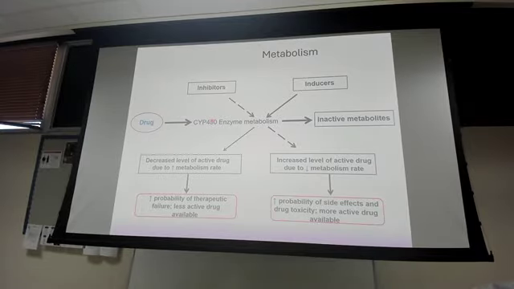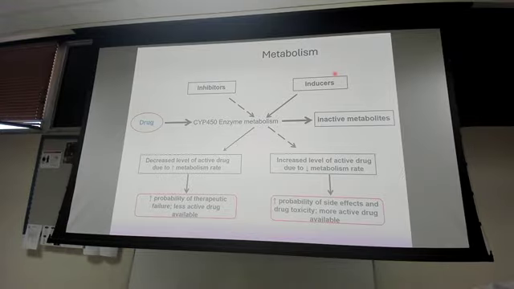I have a sip here. When it goes through that sip, we're going to be very basic, I get an inactive metabolite. That was the result. Bless you. What's going to happen here is this will eventually leave my body. It's going to be eliminated.